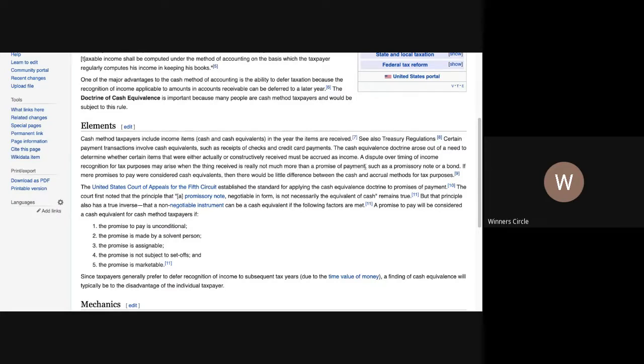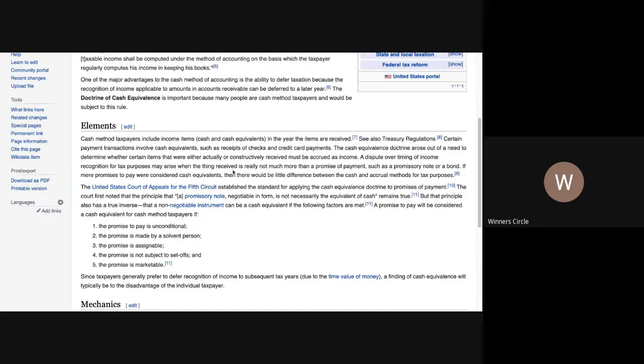Okay, let me go over that again. A dispute over timing of income recognition for tax purposes may arise when the thing received is really not much more than a promise of payment, such as a promissory note or a bond.